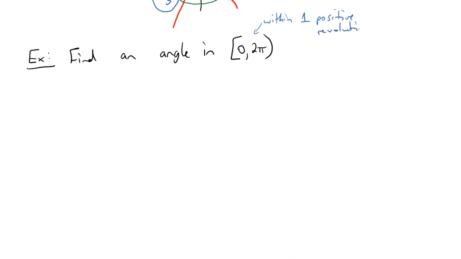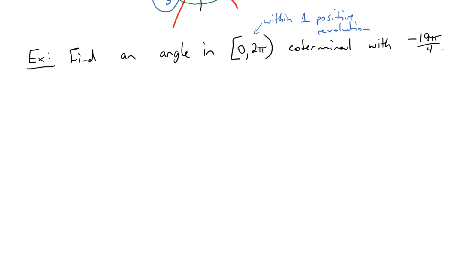Angles in one revolution in the positive direction are between 0 and 2 pi. Okay, find an angle in here coterminal with, let's say, negative 19 pi over 4. Okay, so how do you do this?